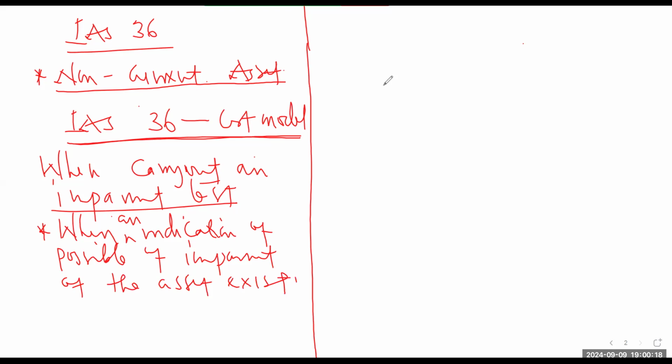So what will happen is, is there something telling you that the expected economic benefit of the asset will now be lower than its cost, or that the expected benefit is not going to be the same as the actual benefit?